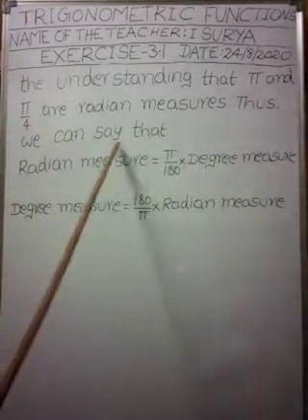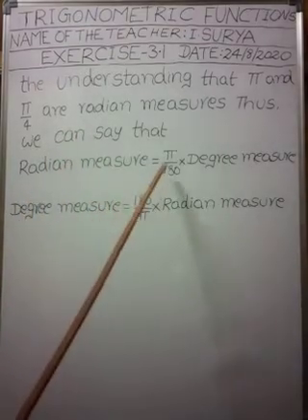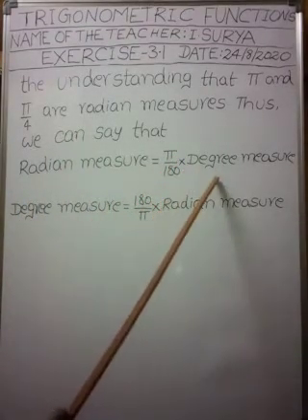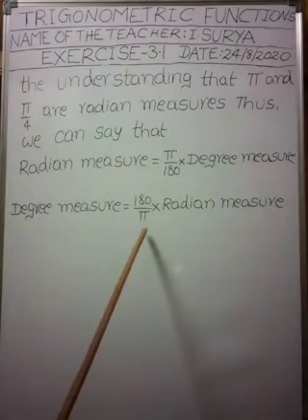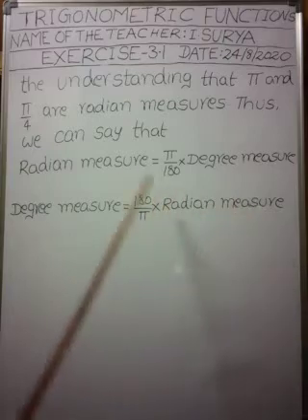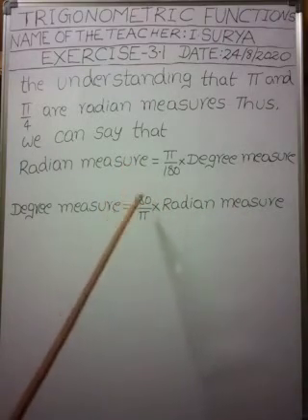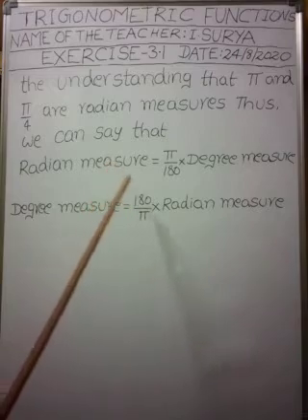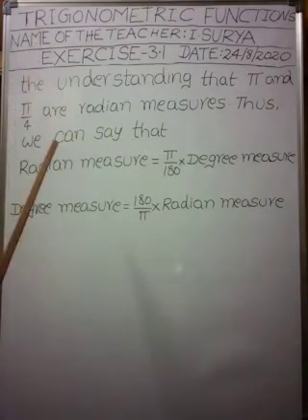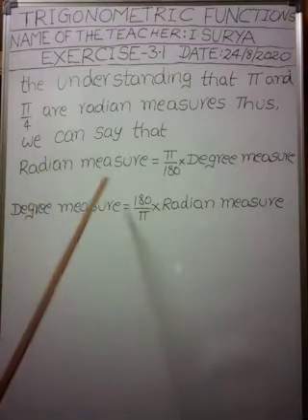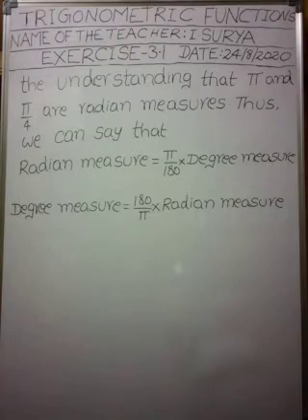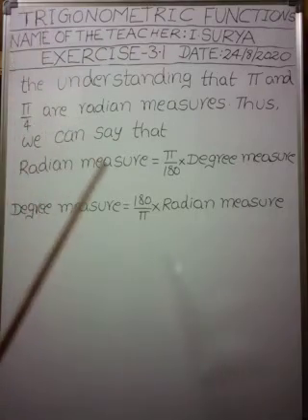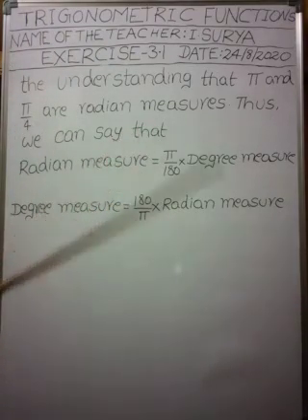Thus, we can say that radian measure is equal to pi by 180 into degree measure, and degree measure is equal to 180 by pi into radian measure. Remember these 2 points, my dear children. These are very useful to convert an angle given in radian measure into degree measure, and if you want to convert an angle in degree measure into radian measure, these two are very important points.